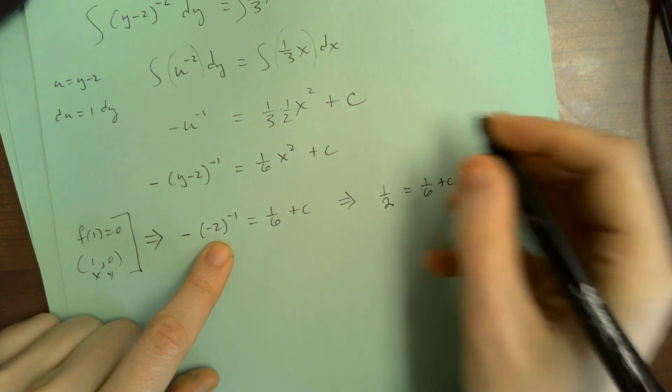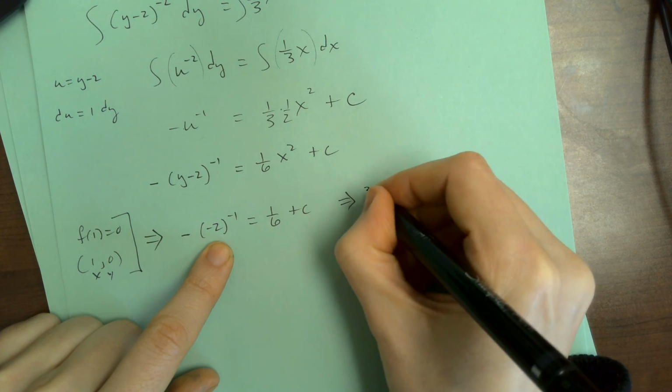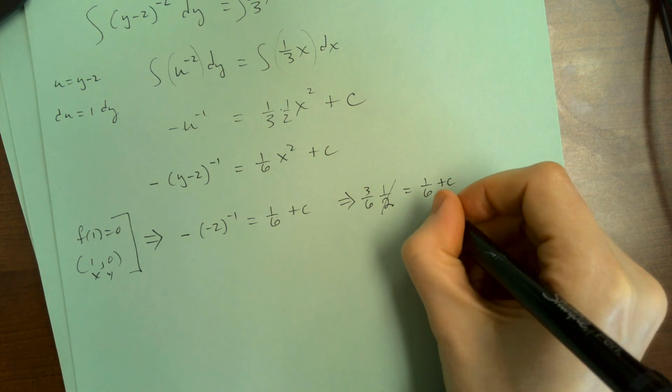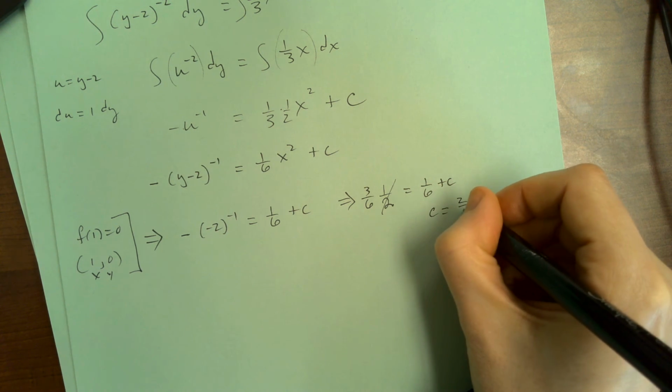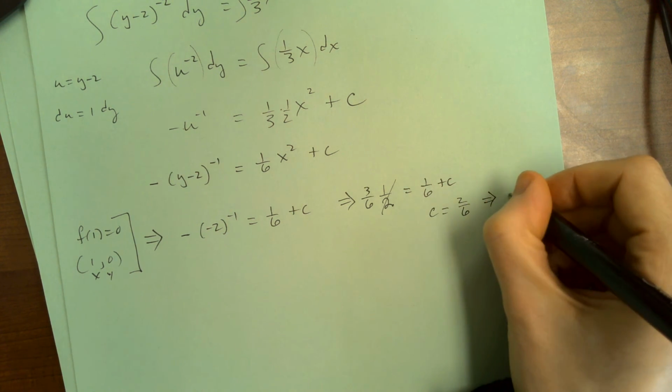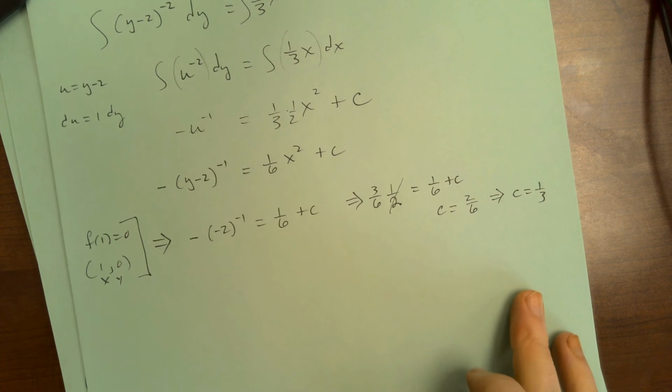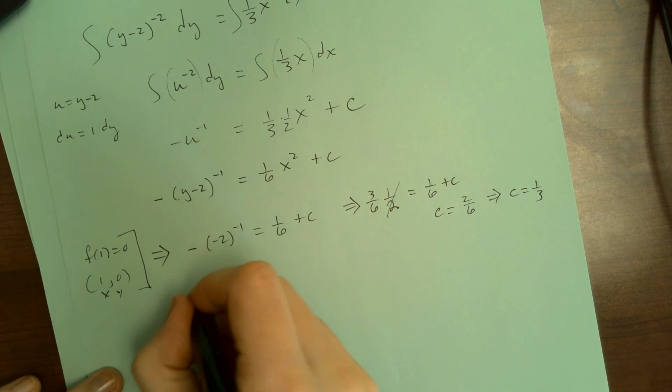And then you solve for c. So I'll make this 3/6. So you get c is 2/6. C is a third. If any of that doesn't make sense, make sure you think about it. It needs to make sense. Okay, so we're almost done.